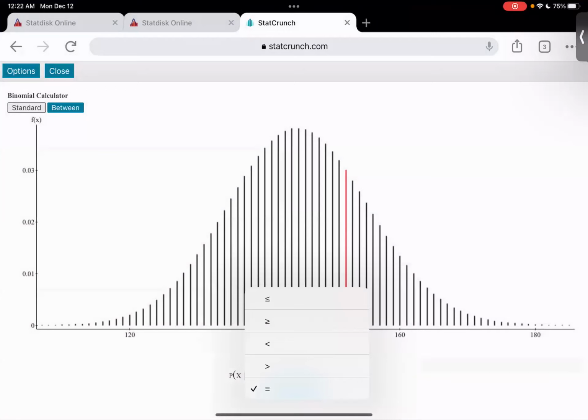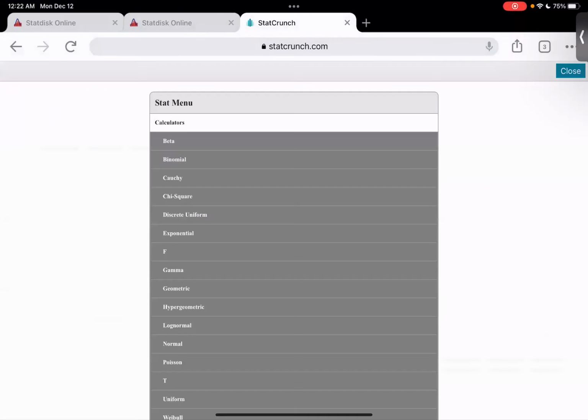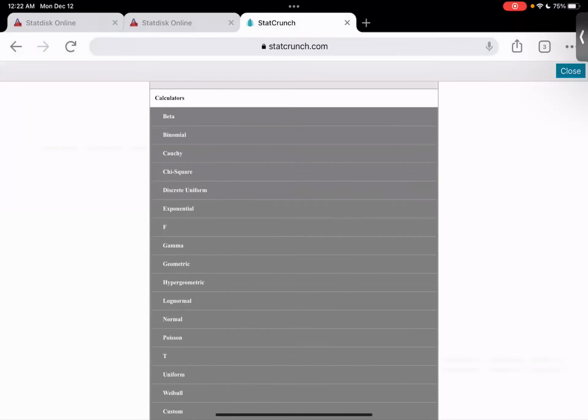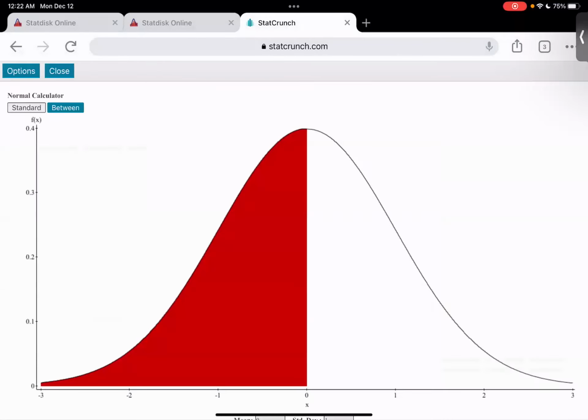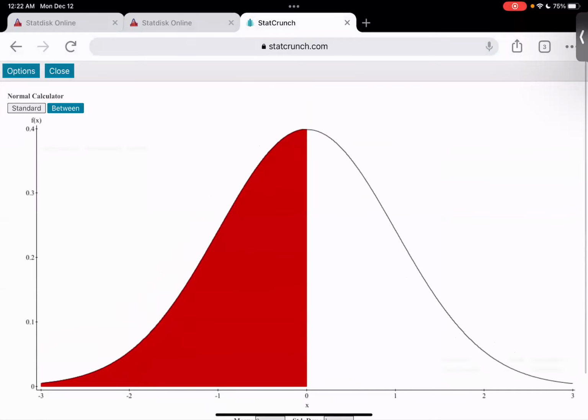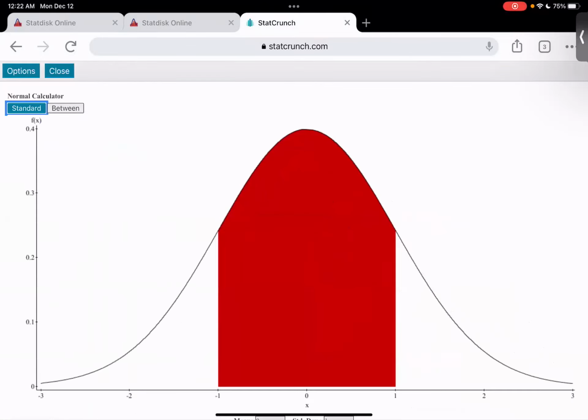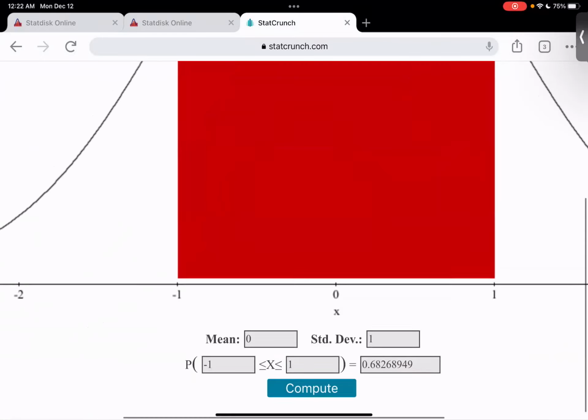So let's close this one. Go to stat, calculator, normal distribution, and then come here to up there, up to the left here. So choose between, and then go to those values.